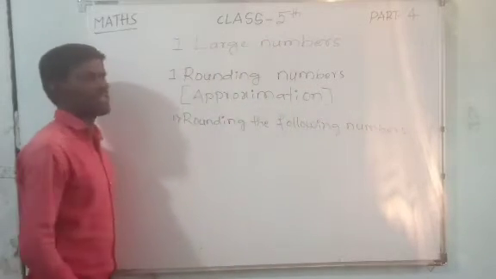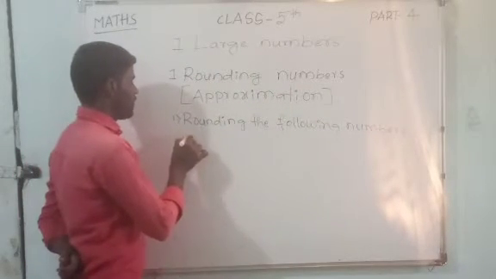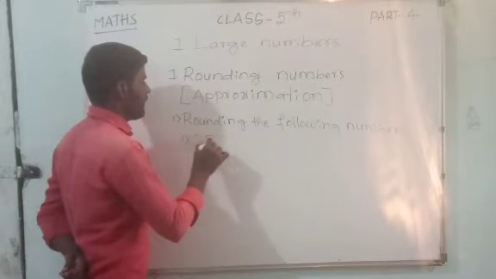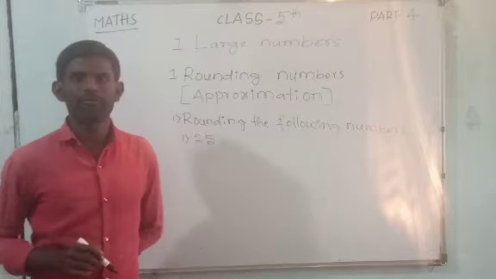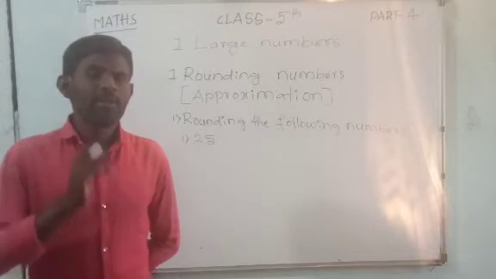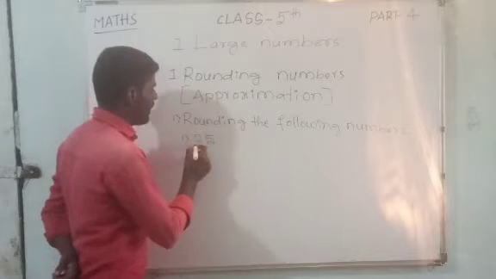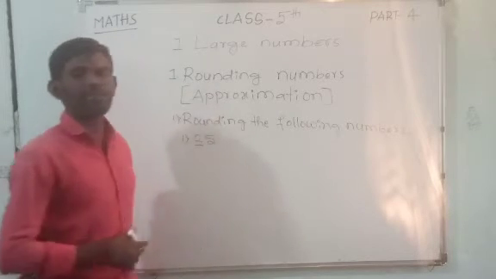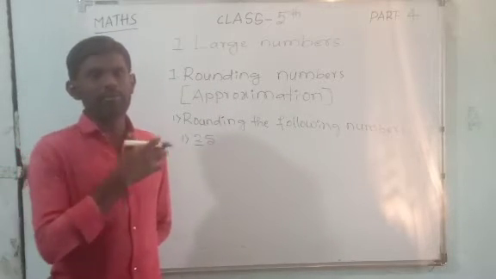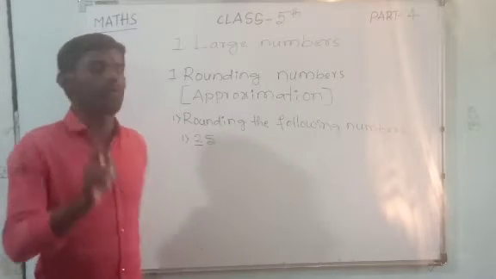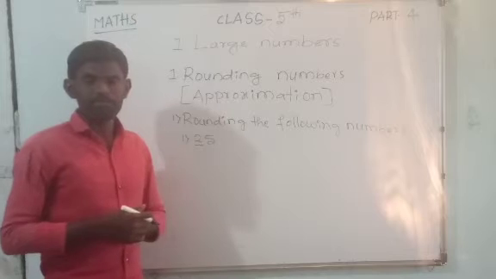Suppose, dear children, example 1: 25 is the given number. If they underline the 10th place value, you should carefully observe the unit place number.